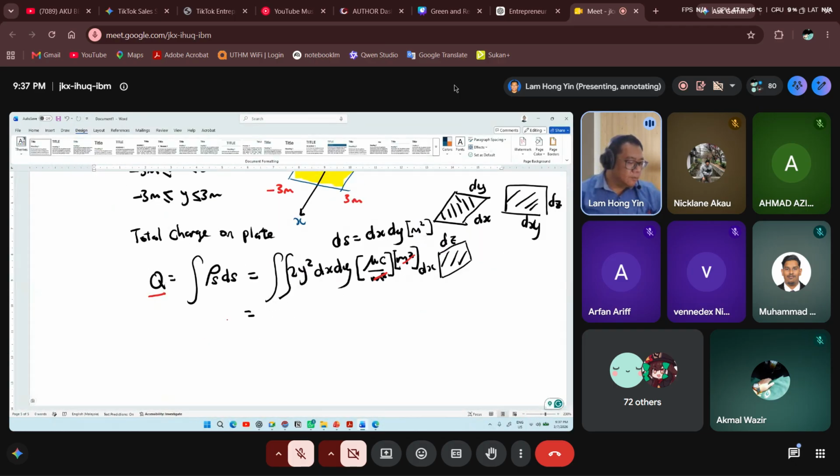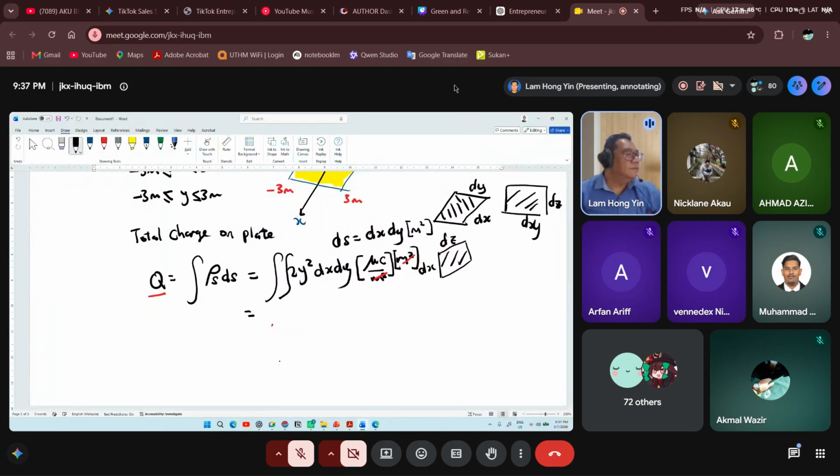Okay, so now when I integrate, let me solve this. The constant is not related, so you can take it out, right? You integrate y square dy, putting together all the changes related to y, and you also integrate your dx.